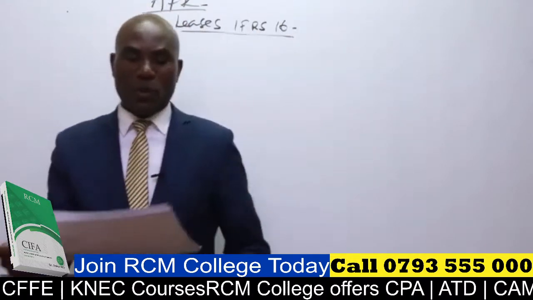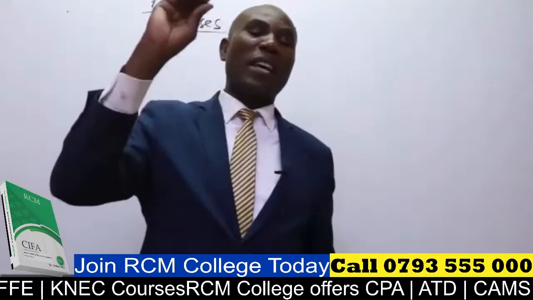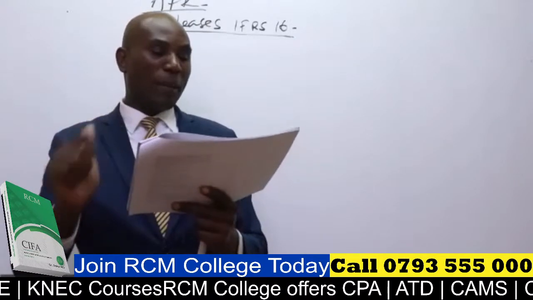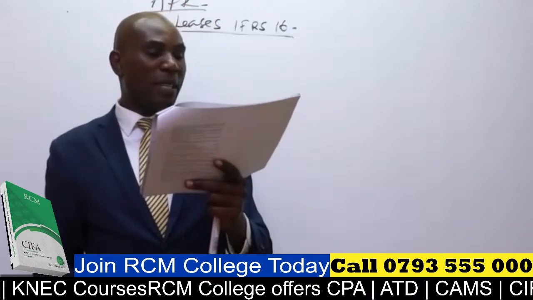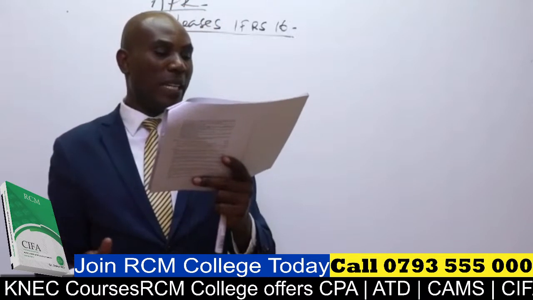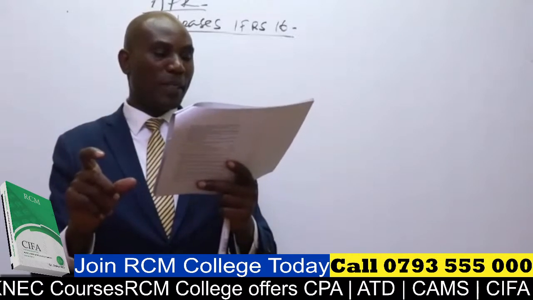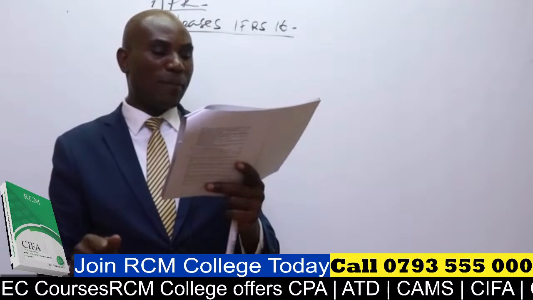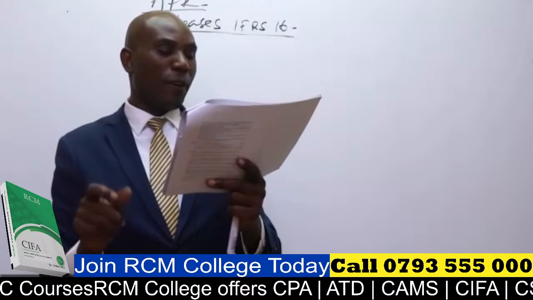Therefore, let's look at this question of December 2021. In December, the question papers were pilot and sitting paper. Therefore, we are looking at the sitting paper. Question number 3. The sitting paper says, Harry Limited sold a building at its fair value of 112 million to a finance company on 1st October 2020, when its carrying amount was 78.4 million.